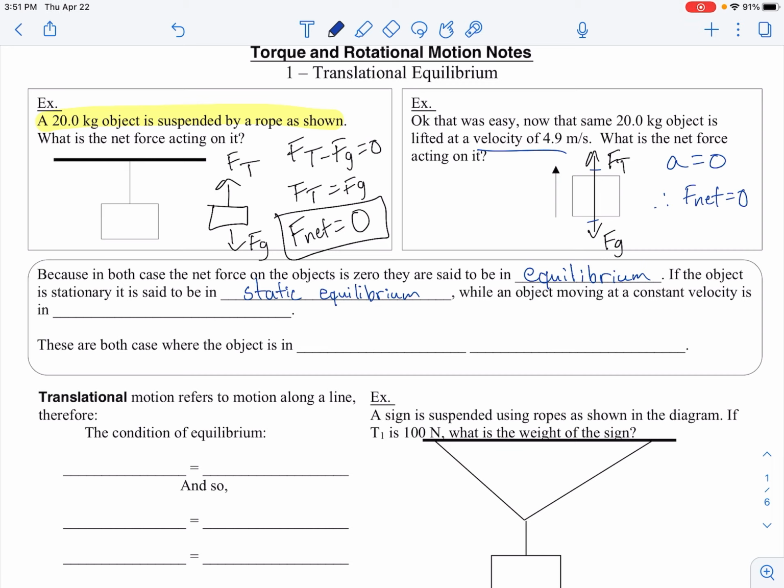If it's moving with constant velocity, we could say that it is in dynamic equilibrium. All right, in both cases, the object is in translational equilibrium.